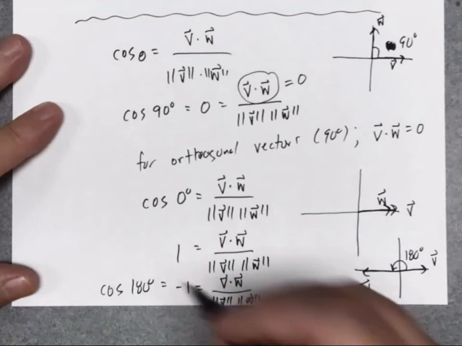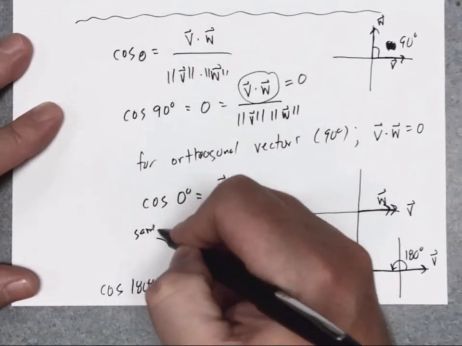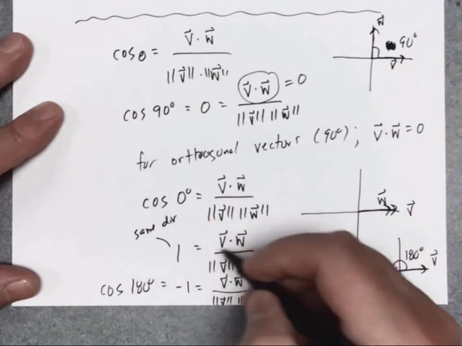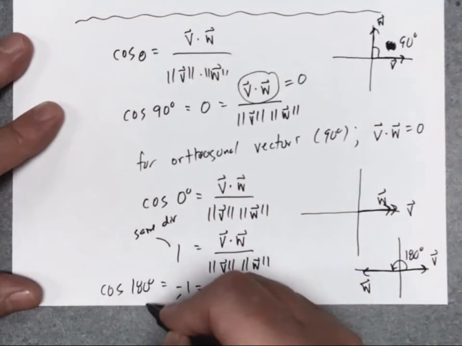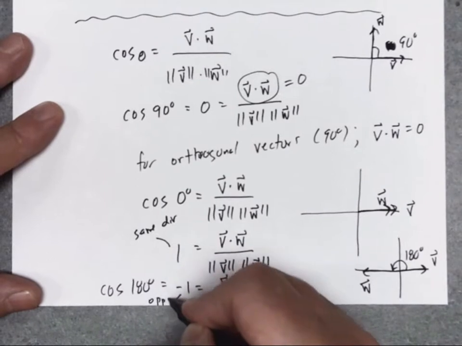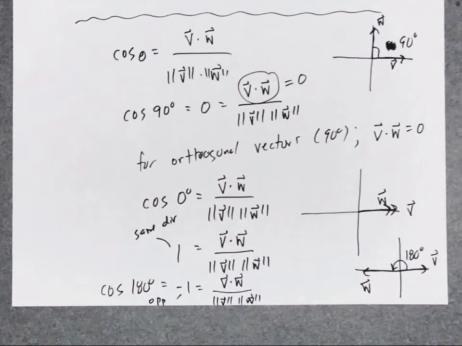So the key is, for this one, parallel, same direction. If it's -1, they're still parallel, but they're opposite directions. So big picture, here's what we're going to do. You're going to be given two vectors, and you're going to be asked, are these vectors orthogonal, parallel, or neither?